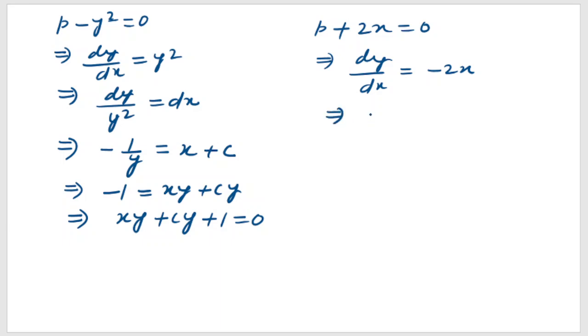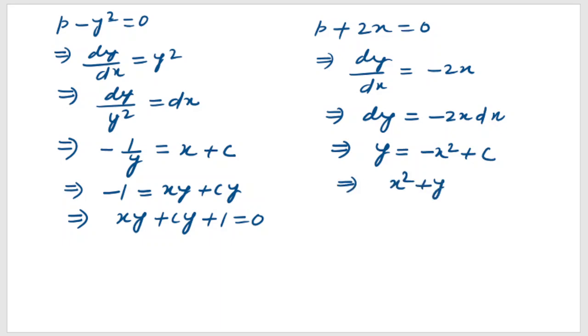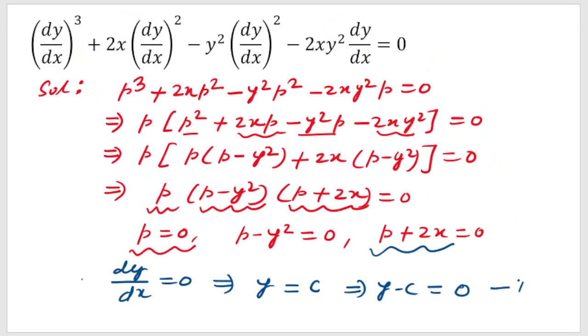So dy = -2x dx. Again integrate both sides. y = -x² + c, which I can write as x² + y - c = 0. So this was my second solution. This is my third solution, and on the previous page I have got the first solution.